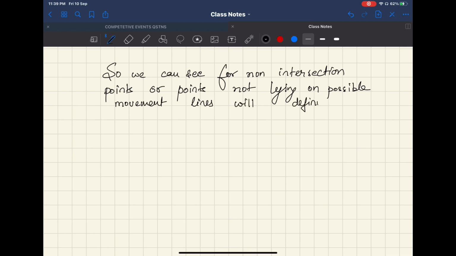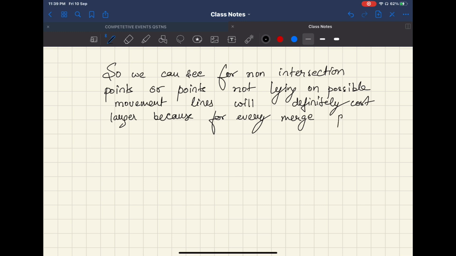So we can see for non-intersecting points, we definitely require for each point movement that is not lying on those lines, one step more.